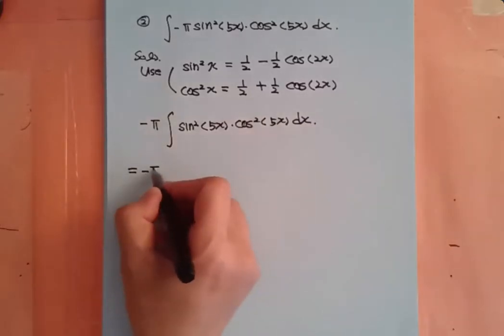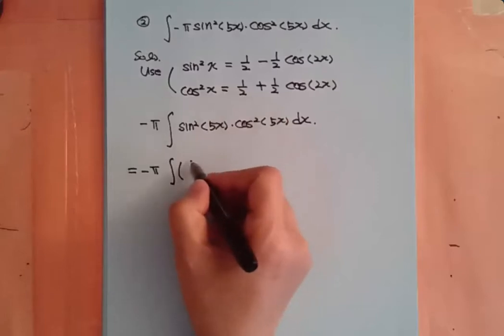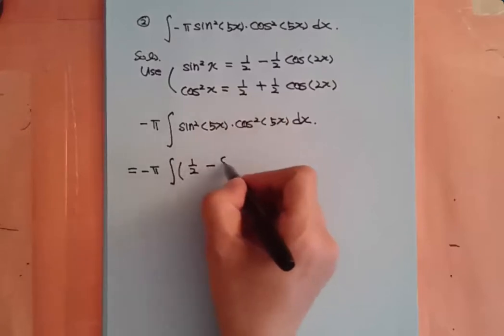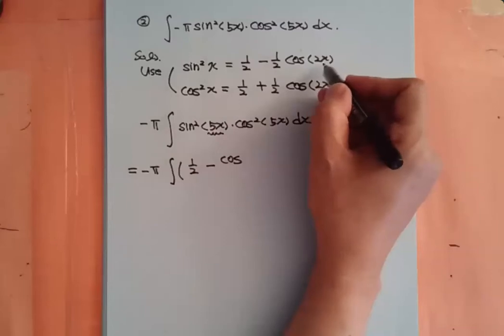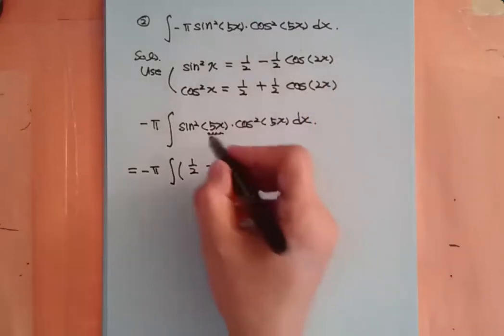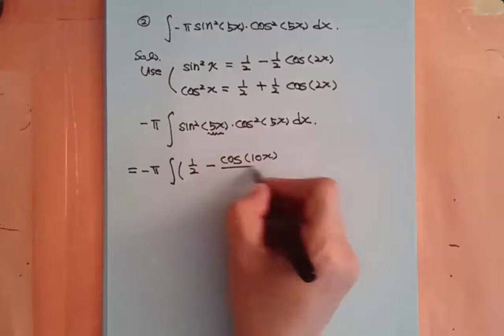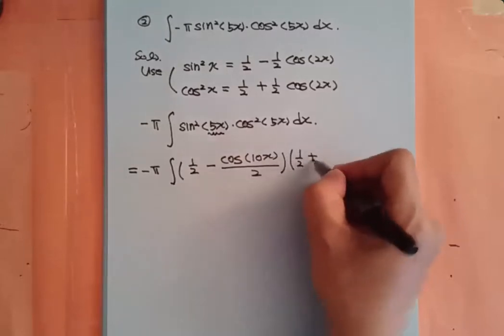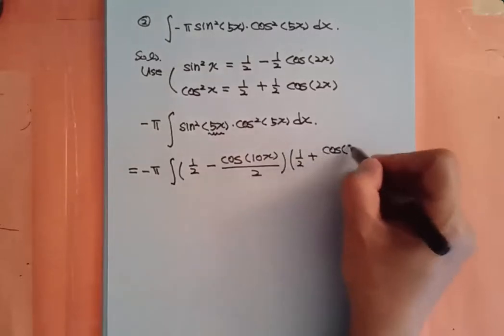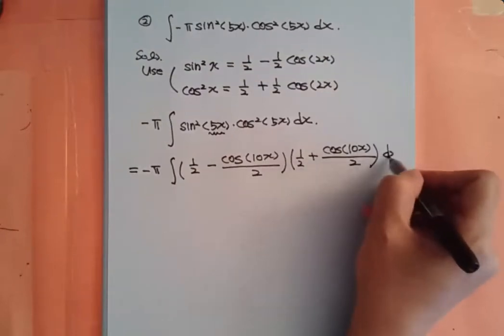So that can be written as negative pi, sine squared is 1/2 minus cosine of, this time this is 5x instead of x, so we will double it, 10x over 2, times 1/2 plus cosine of 10x over 2 dx.